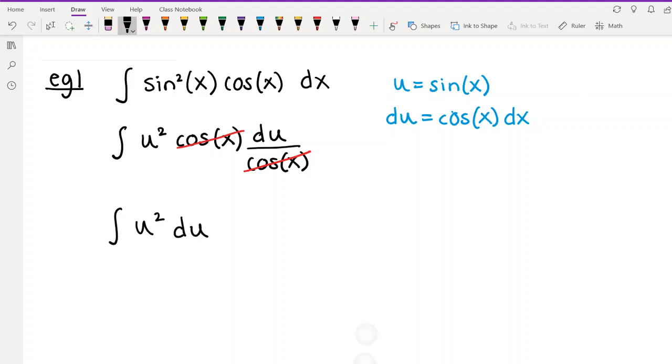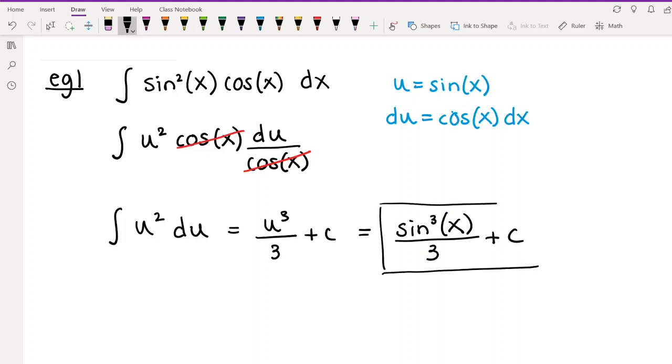U squared, we know how to evaluate that. That's going to be u cubed over 3 plus c. And then we put back in our original u, which was sine of x. So that becomes sine cubed of x over 3 plus c. Okay, so this one we can do just using substitution.